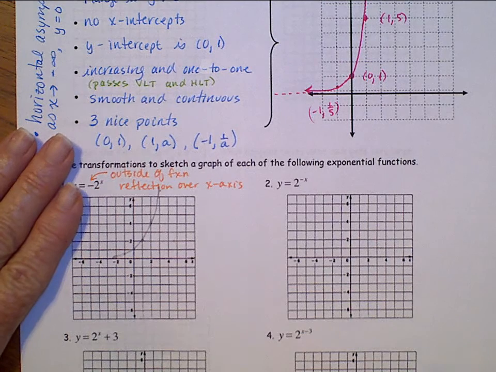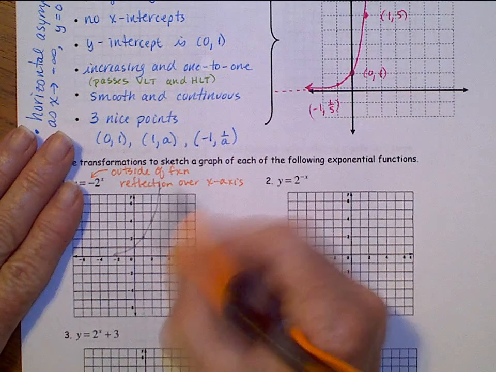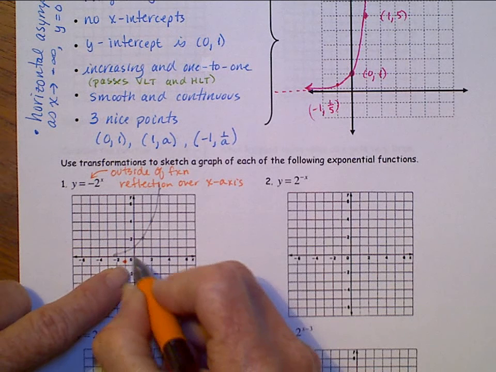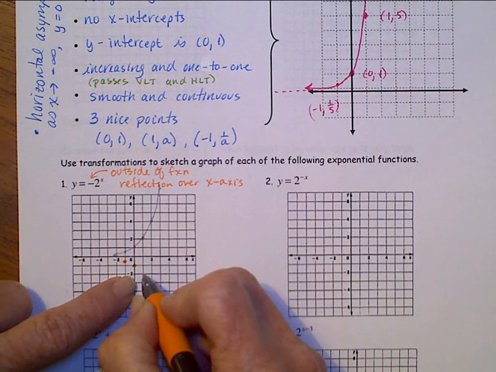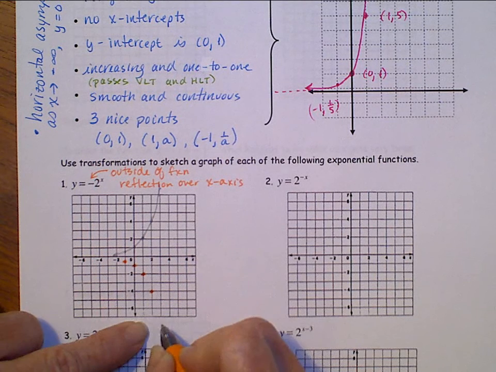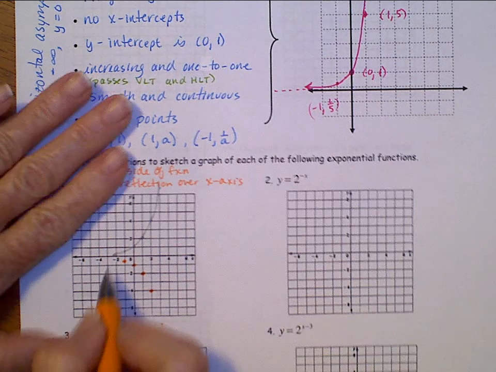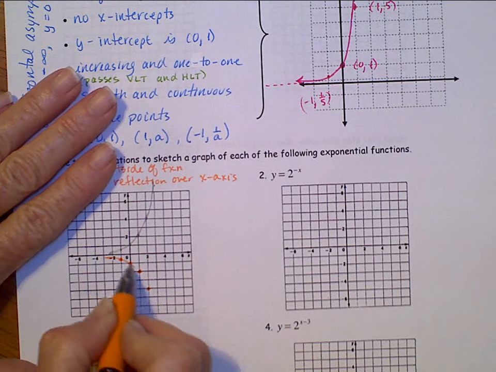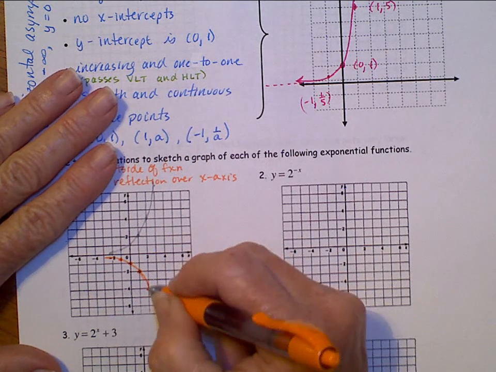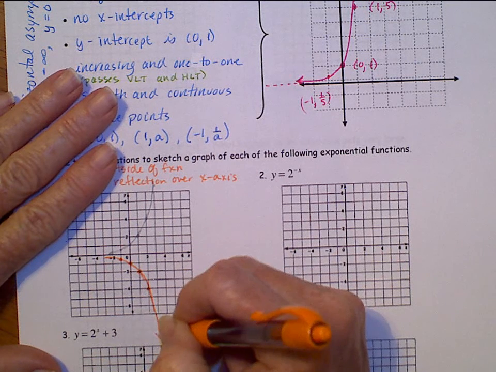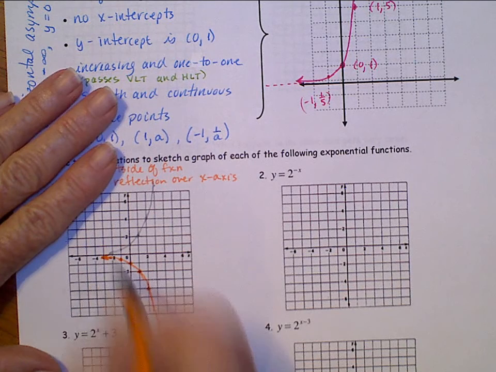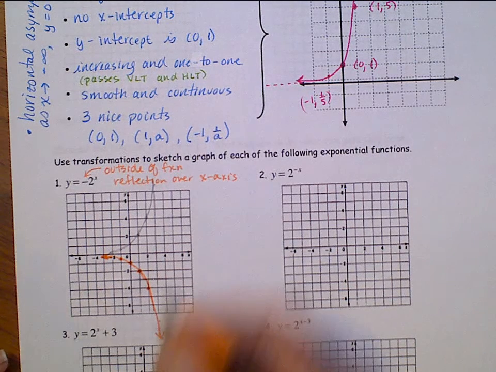Now let's do the new one, and we're just going to reflect that over the x-axis. And sketch that in. All right, there we go. That's the graph that we want.